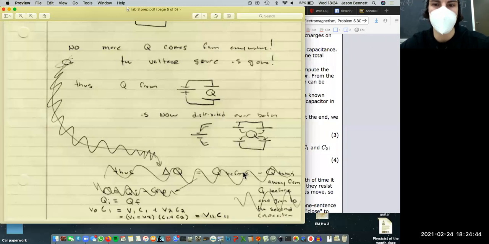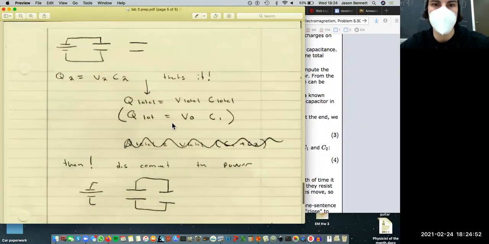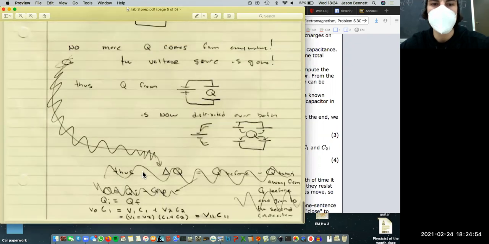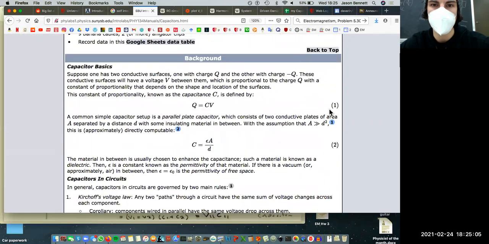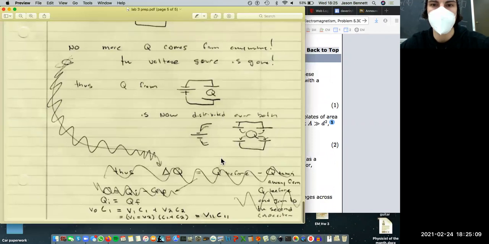Ignore this scribble. I was confused about how to derive that. So what I'm going to say is that the initial Q, the Q that comes from charging it, the total, is equal to the final Q, which is the charge over both of the capacitors. So I'm going to call this Q1 and Q2, which by this equation is C1V1 and C2V2. But because they're in parallel, I know that V1 is equal to V2.